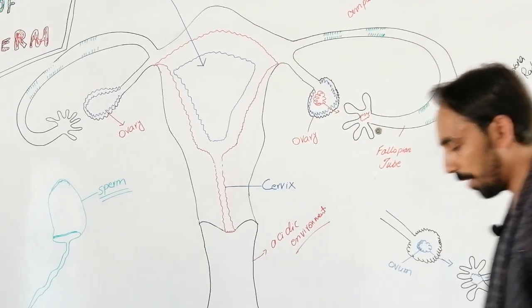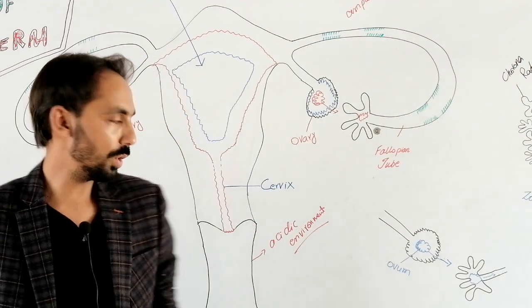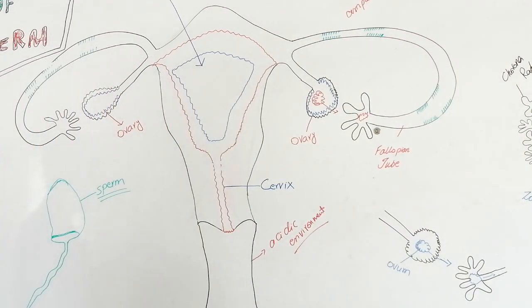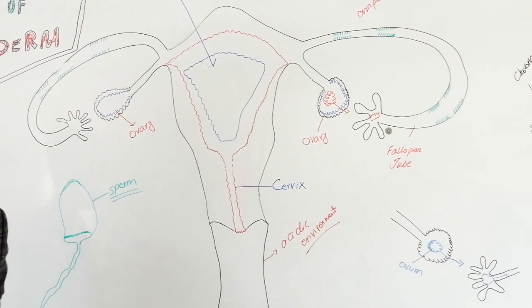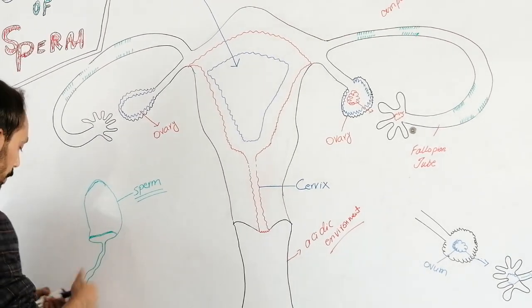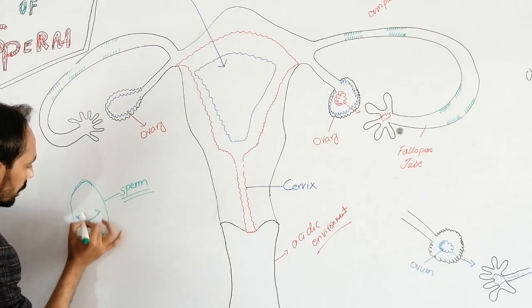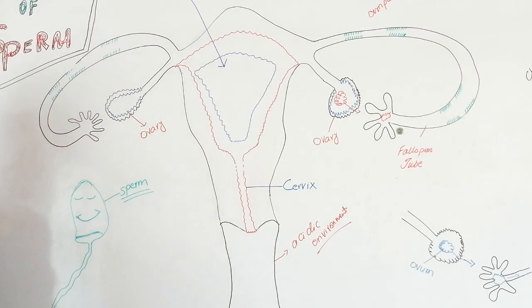So after sexual intercourse, now we will start the epic journey of the sperms, which is very dramatic. So this is our sperm, which is very heavy, as you can see.